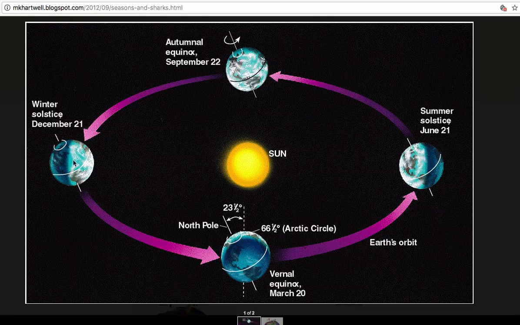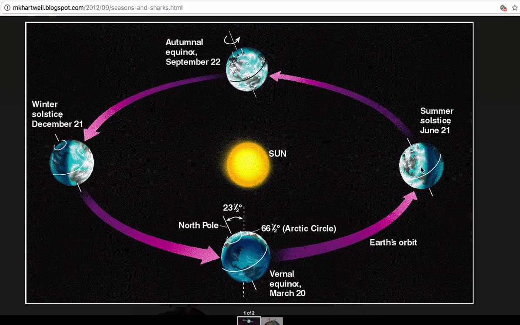And this kind of gets to it a little bit, but hopefully some of you are thinking, all right, well, why is it that when the southern hemisphere is pointed towards the sun, we are in the winter time in the northern hemisphere? Or in the summer, why is it that the northern hemisphere is warmer than the southern hemisphere?